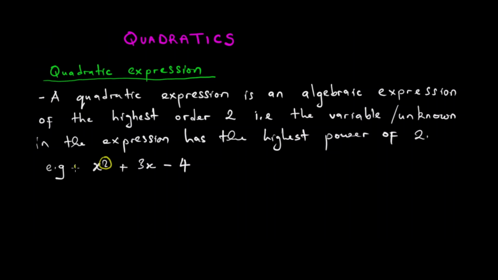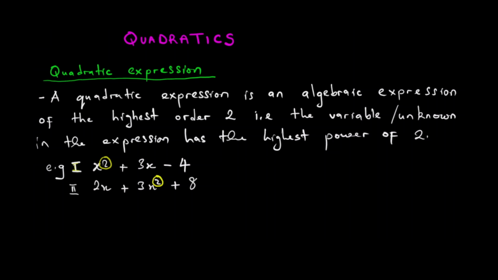So this is our first example. We can talk of a second example. So our second example would be something like this. Let's say 2x plus 3x squared plus 8. So we look at the powers of x. We see that the highest power of x is 2, meaning that this is a quadratic expression.